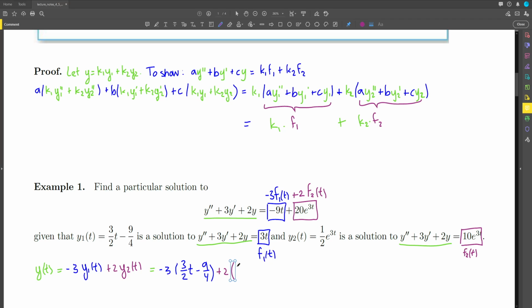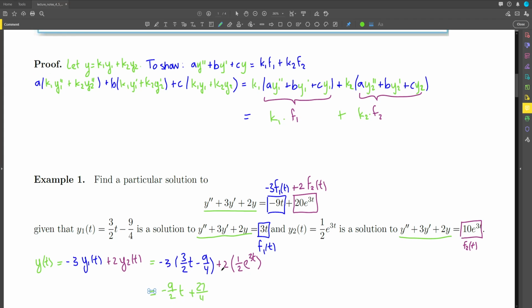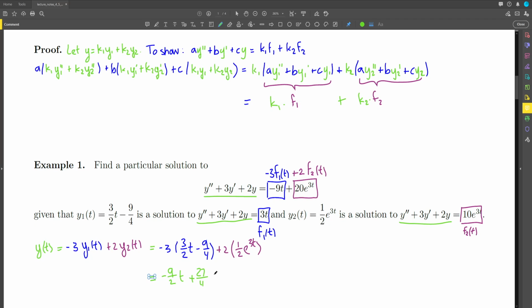So I do 2 times 1/2 e to the power 3t. And then I can simplify that answer a little bit, and I get negative 9 over 2 t plus 27 over 4, and then plus e to the power 3t.